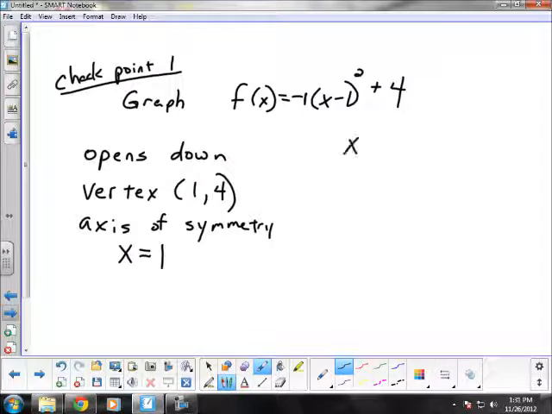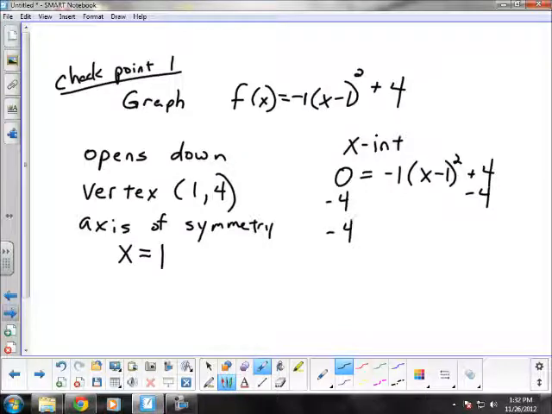And now if I want to find the x-intercept, I set that equal to 0. So 0 is equal to negative 1 times x minus 1 squared plus 4. Now we spent quite a bit of time in Chapter 2 talking about how to solve this type of equation. What's the easiest way to solve this equation? Subtract 4 from both sides, because I can use the square root technique, right? Get the squared part by itself.